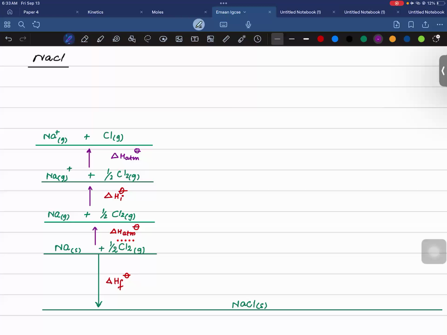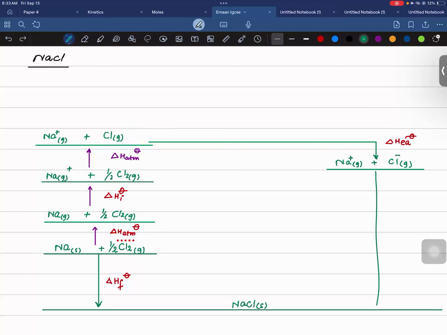Now, if you can see this, can you tell me the name of the process? Electron affinity. Yes, we have discussed it right now. This is electron affinity, gas to anion.